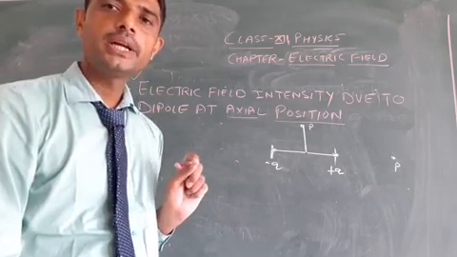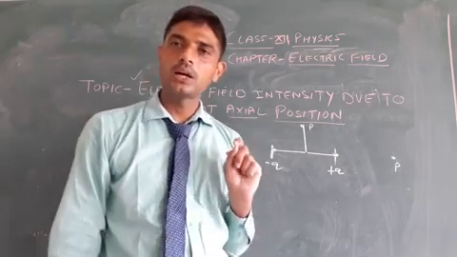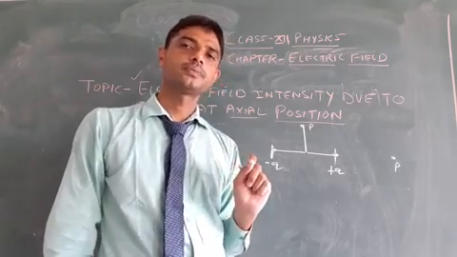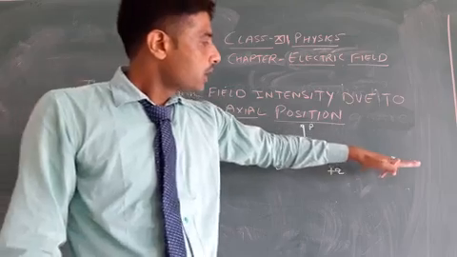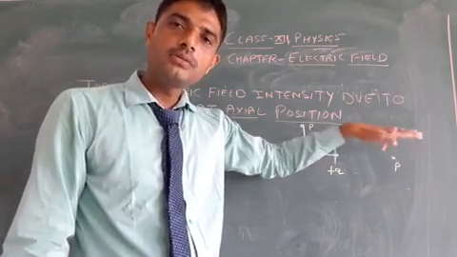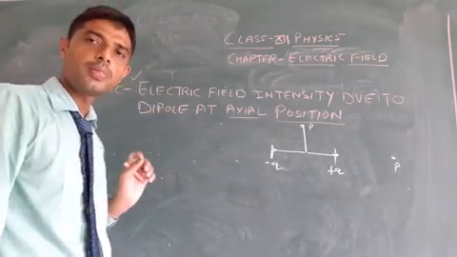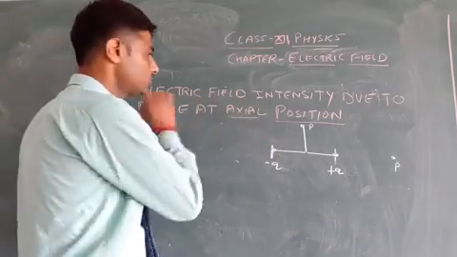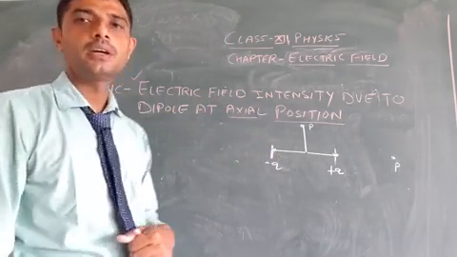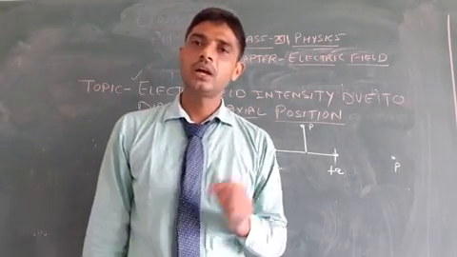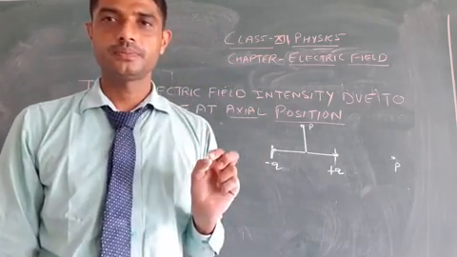So we can find the electric field intensity at the axial position as well as at the equatorial position. In this topic, we have to find the electric field intensity at the axial position.